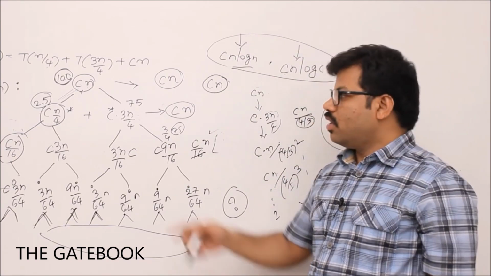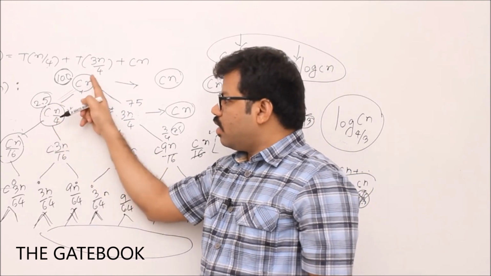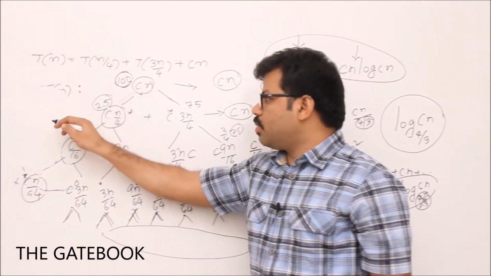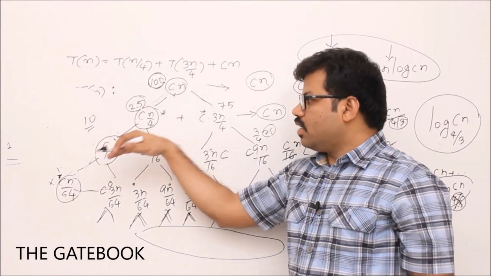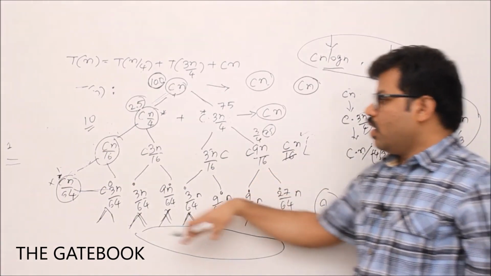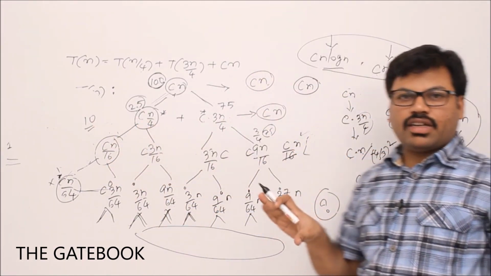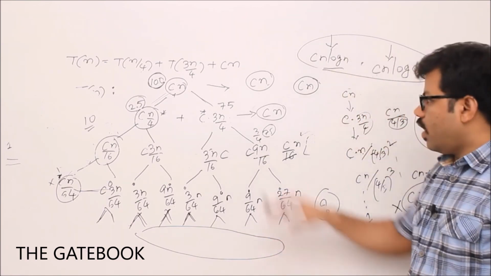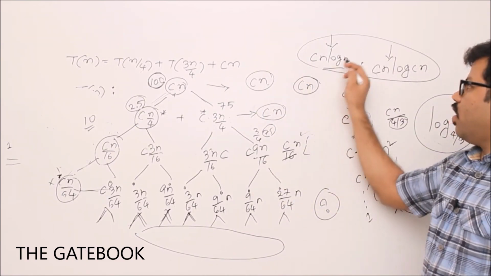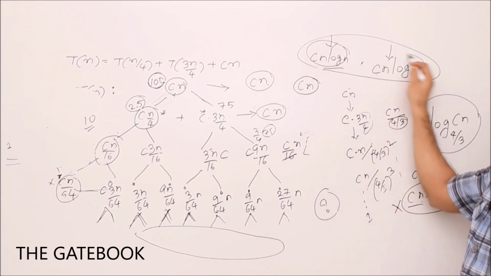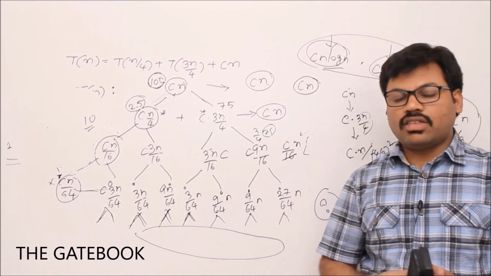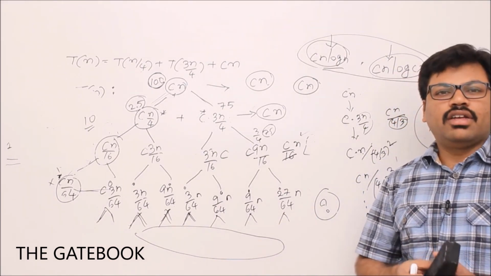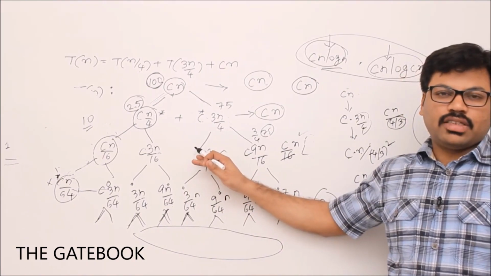What is the lower bound? I am just taking the shortest path, that means only that many levels I am taking. For example, if the shortest path is 10, then only 10 levels I am counting. Only that 10 levels' contribution is the lower bound. Then I took the upper bound also. Lower bound I got Cn log n asymptotically, and upper bound also Cn log n. So your answer is between the lower bound and the upper bound, which is nothing but asymptotically Cn log n. So this problem's time complexity is Cn log n.